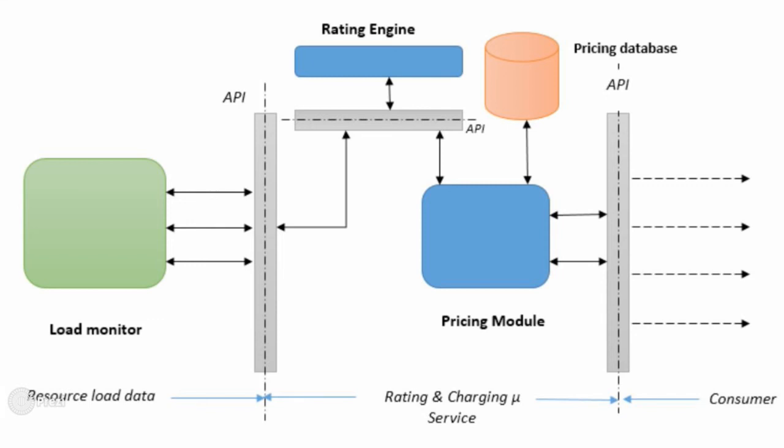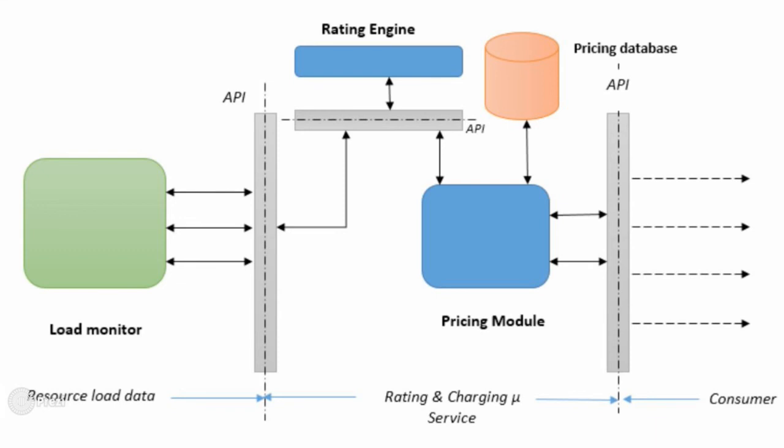Now, this number is considered by the rating engine, which we can see on the top of the slide, to generate a rate for the resource which is being used. And this rate will be combined with the resource usage, and finally a rating value is generated.